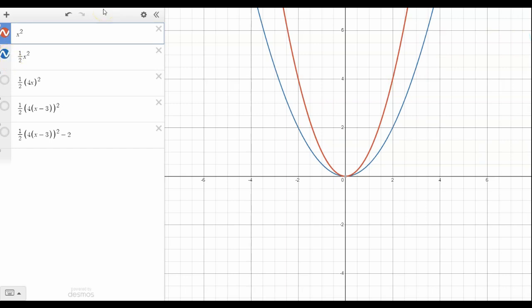So let's look at what happened to our point, which was originally (2, 4). It gets compressed by a factor of 1/2 all the way down to here. So we take our y coordinate and multiply by 1/2. And that gives us (2, 2).